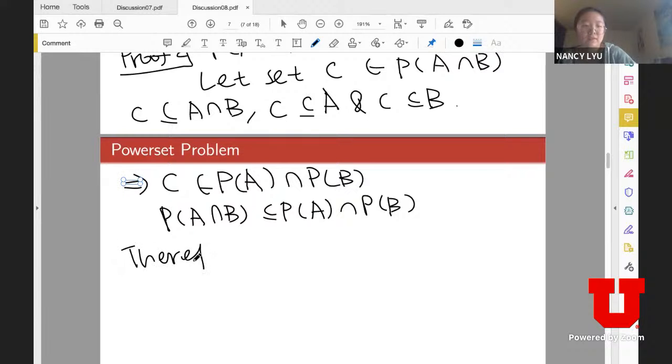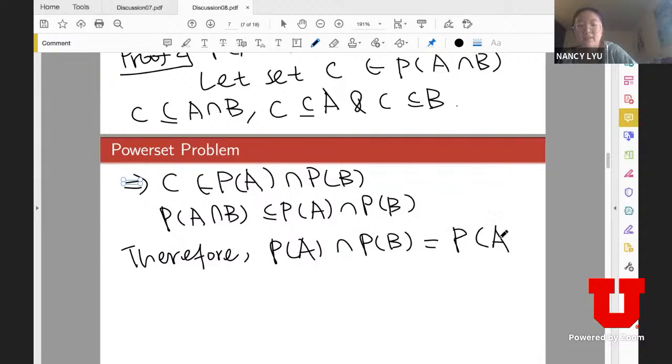Therefore, the power set of A intersect the power set of B equals the power set of A intersect B.